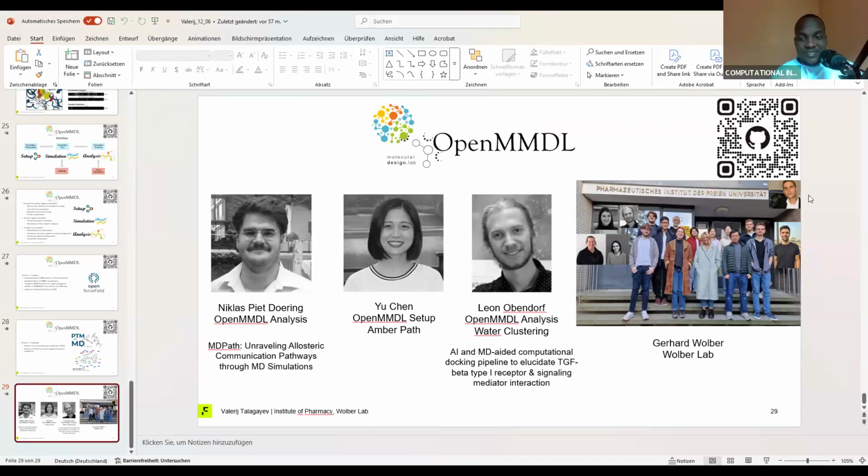Based on what you were explaining, I see now you are giving the users all this power to determine their requirements. Yeah, correct. And you talked about how OpenMMDL is using ProLIF, and you establish the determination of the angle and the distance.